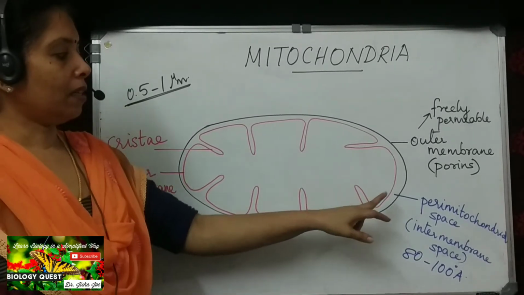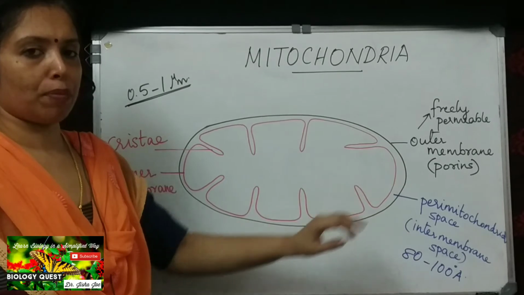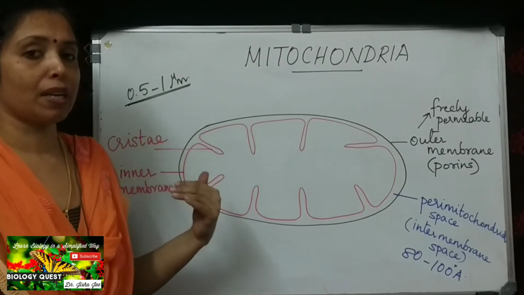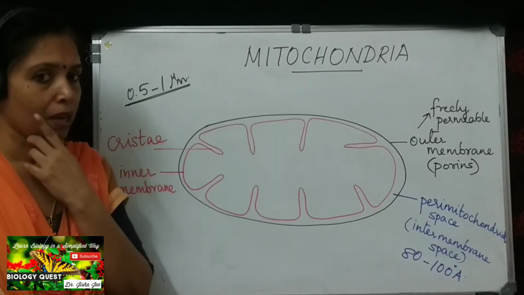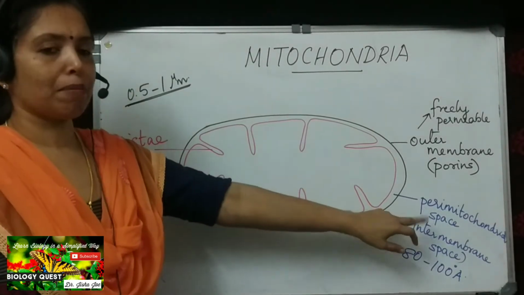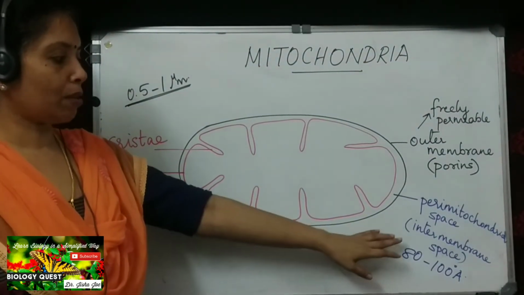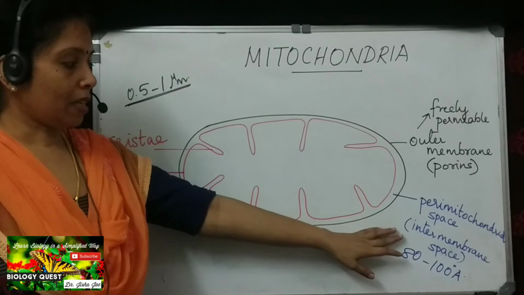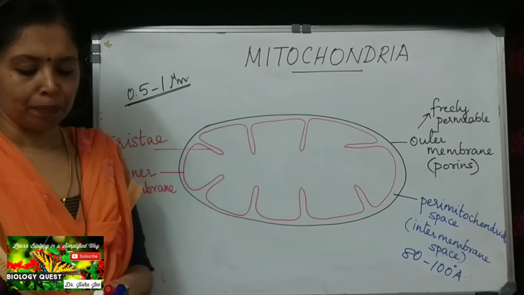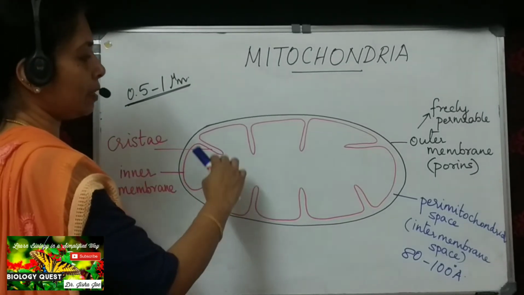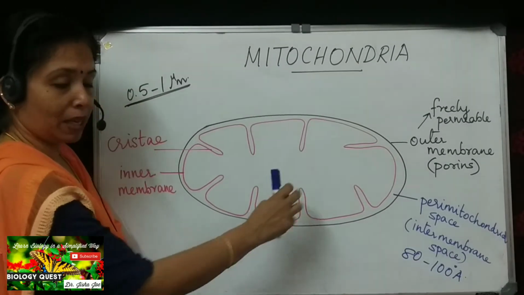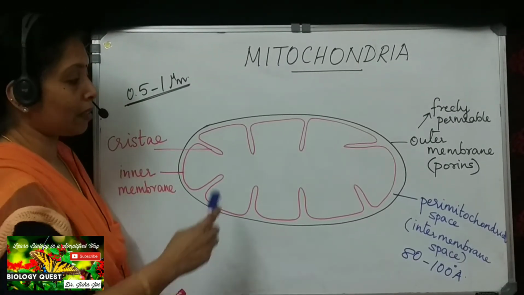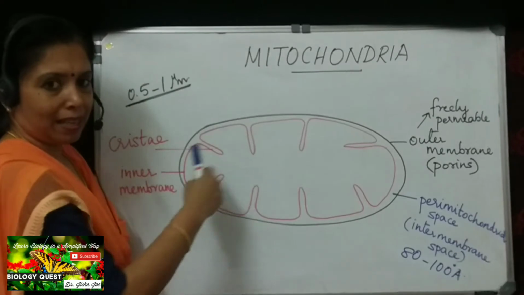The space between the outer membrane and inner membrane is called the perimitochondrial space, or otherwise the intermembrane space. Now, the inner membrane, which I have drawn in red, encloses a space inside.